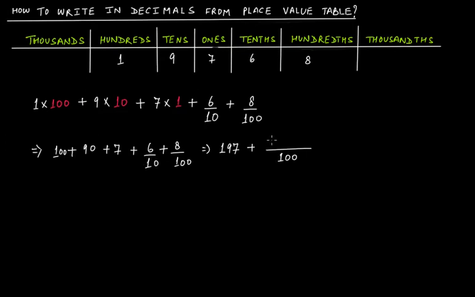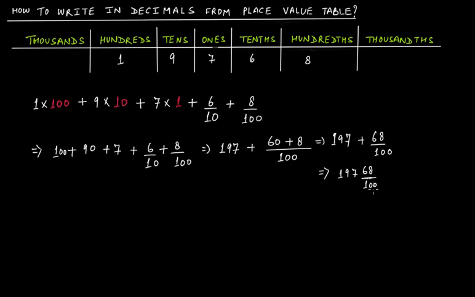So this will be 60 plus 8, and this will be 197 plus 68 over 100. This can be written in the form of a mixed fraction, 197, 68 over 100.